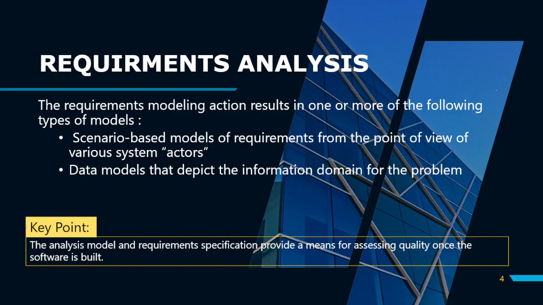After requirements analysis, modeling should produce one of the following types of models. Scenario based models, in the sense of requirements from the perspective of the user or actor, and data models that help understand how information is flowing throughout the system, the information domain of the system.